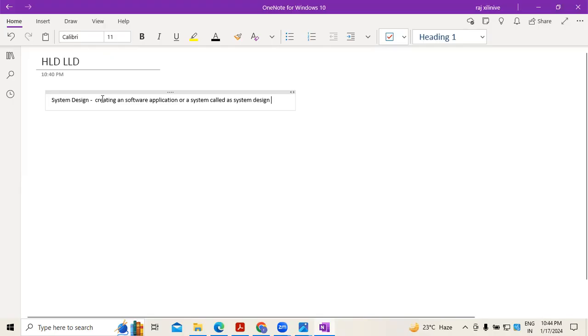Now, if we want to prepare a system design, a pictorial representation of the system is essentially important for the benefit of the development team.